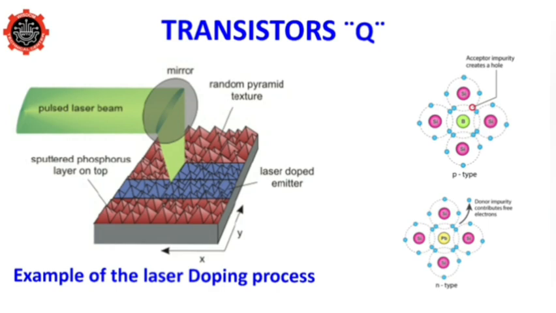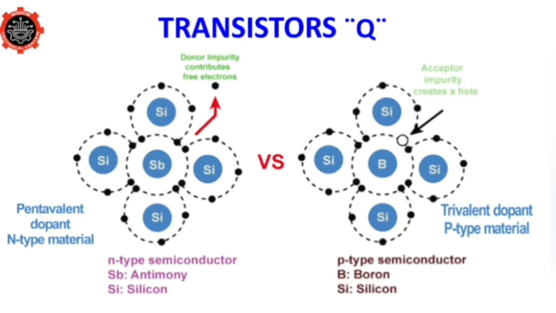One is called a pentavalent dopant, and the other a trivalent dopant. Penta means 5, like pentagon.